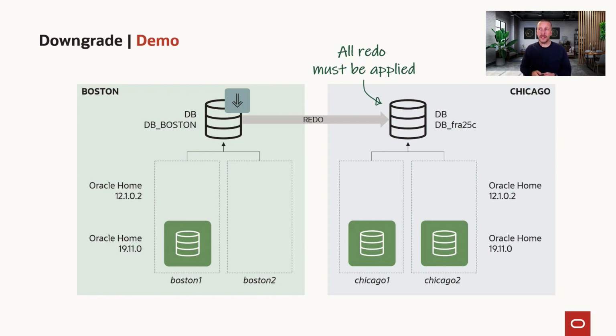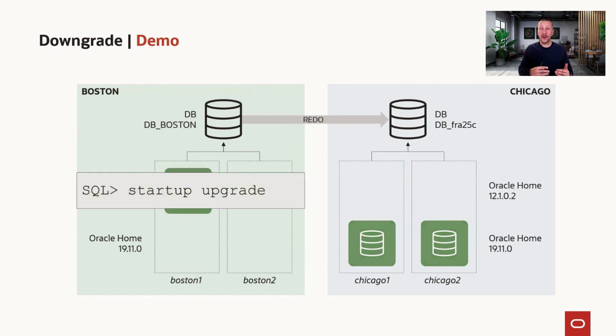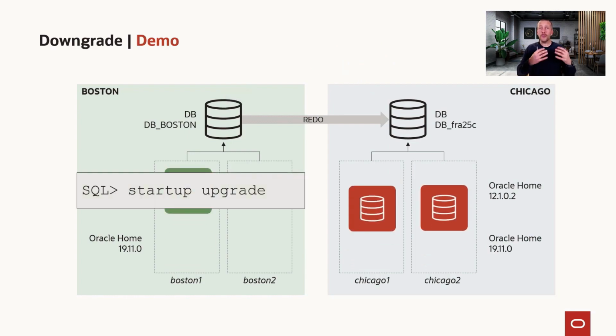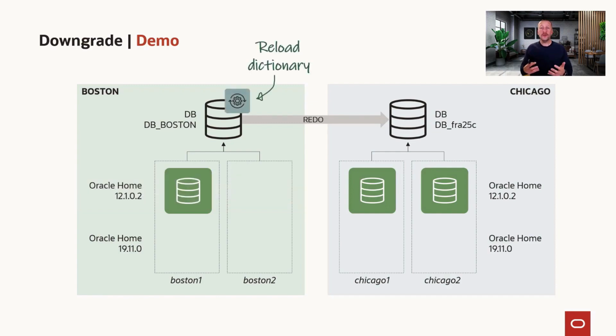Okay, we verified that. What we do now is that we shut down the instance on the primary database, and we then bring it up in upgrade mode in the lower release in the 12.1.0.2 home. And we do the same with the standby database, but here we can keep all the instances running. Then we reload the data dictionary.